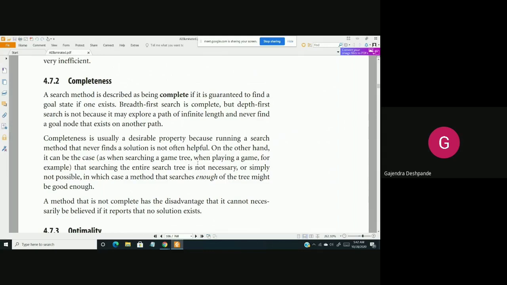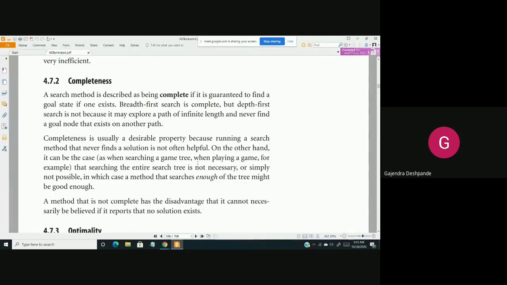So completeness is usually a desirable property, because running a search method that never finds a solution is not often helpful. On the other hand, it can be the case that searching the entire search tree is not necessary or simply not possible, in which case the method that searches enough of the tree might be good enough.